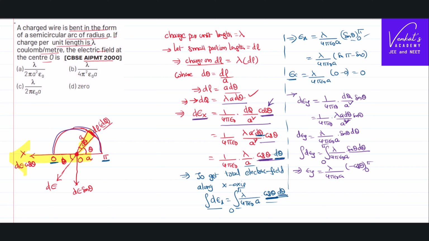So Ey equals minus lambda by 4 pi epsilon naught a, into cos pi minus cos 0. Cos 180 is minus 1 and cos 0 is 1, so minus of minus becomes plus, giving 2 lambda by 4 pi epsilon naught a. The 2 cancels, so our answer is lambda by 2 pi epsilon naught a.